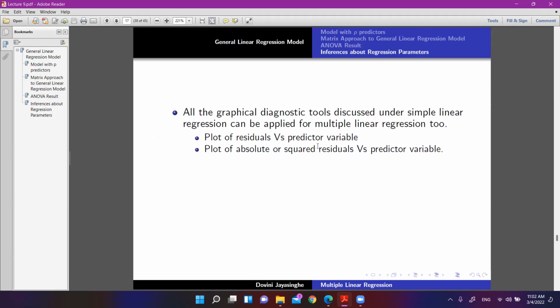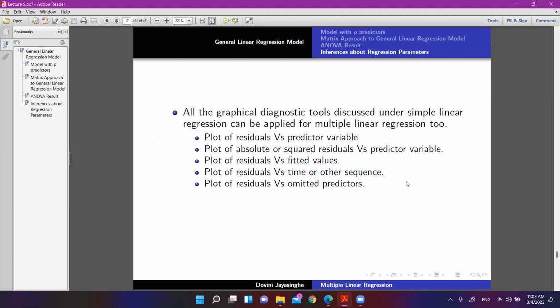Plot of absolute or squared residuals versus predictor variables, plot of residuals versus fitted values, residuals versus time or the sequence to check whether the observations are independent. It should be fluctuating, it should be a wiggle shape. There should be a random order when you plot this.